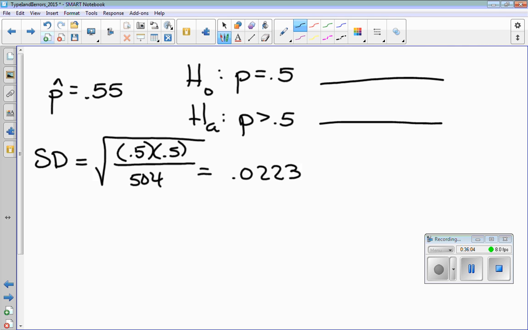It still was 0.022. It was so close. It's close enough that it's not going to really affect too much. If you're given a P, you use it. You really only use the standard error in a confidence interval because you don't have P. Yes? Are we all right?